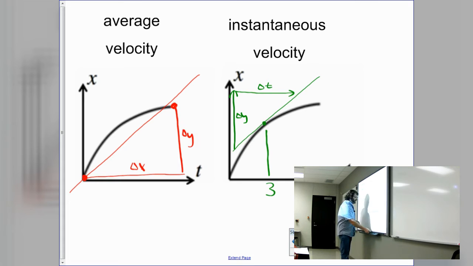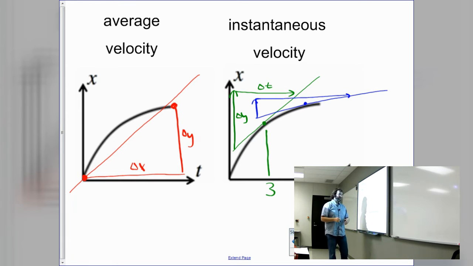If I use the same method and find another tangent line, find the rise and the run here, I can find the speed at a second time, maybe 5 seconds, and I can compare the velocities. I can see again that it's slowing down.